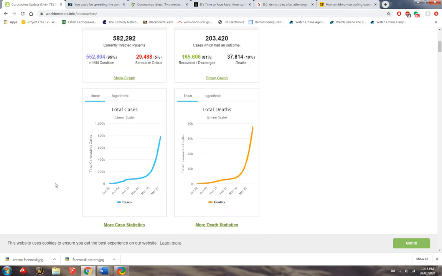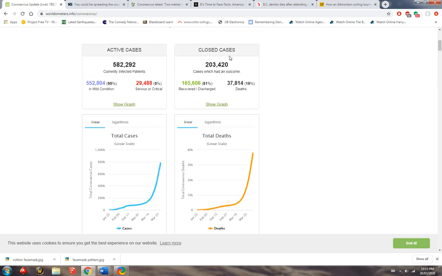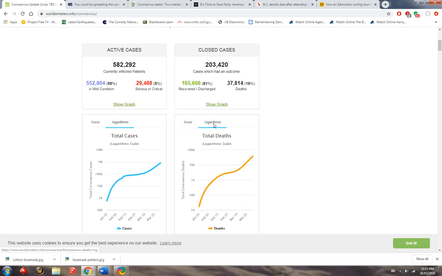The other thing I'm going to point out is now that we have multiple pages for different countries, this info, so our total cases, total deaths, active cases, and closed cases exists for all countries as well, and that gives us access to logarithmic charts for each country as well as for the world at large.